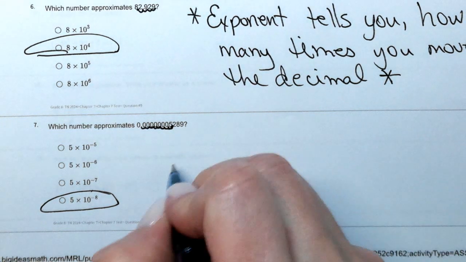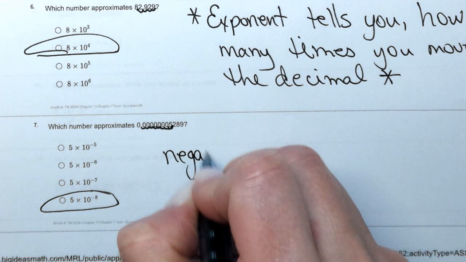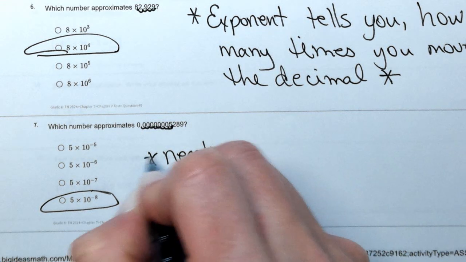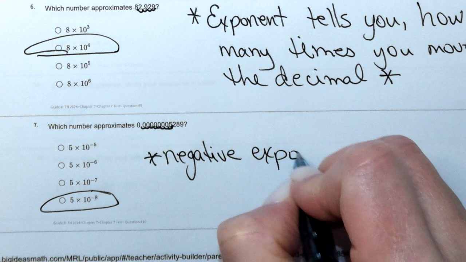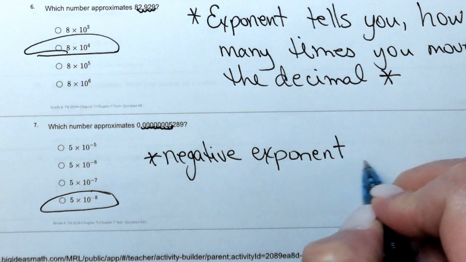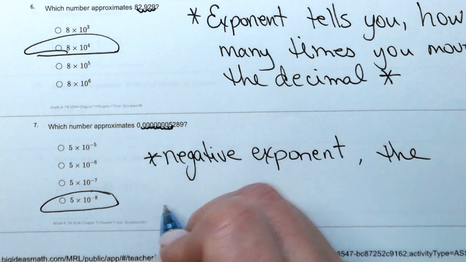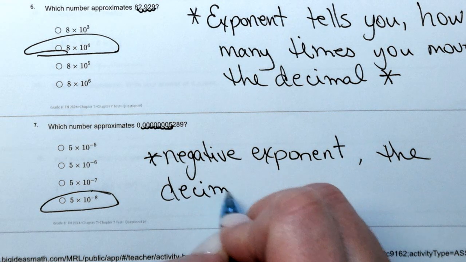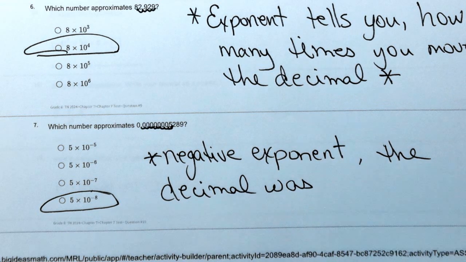Alright. And it was a negative exponent. We'll just make a note. Negative exponent, the decimal was at the front of the number.